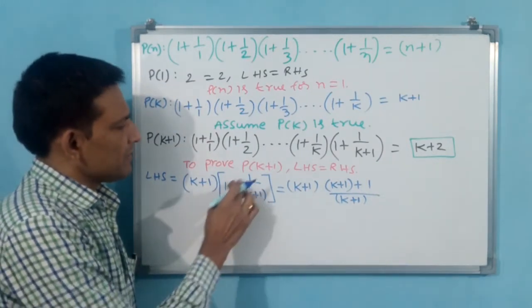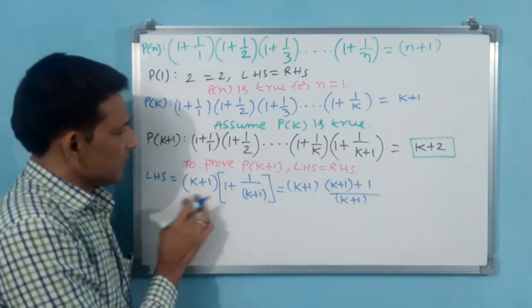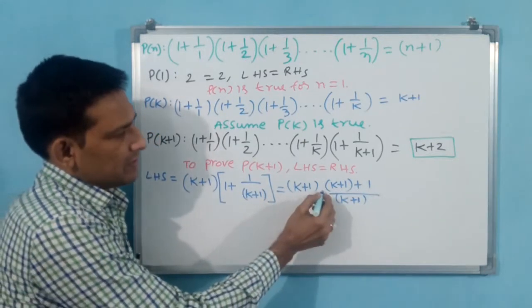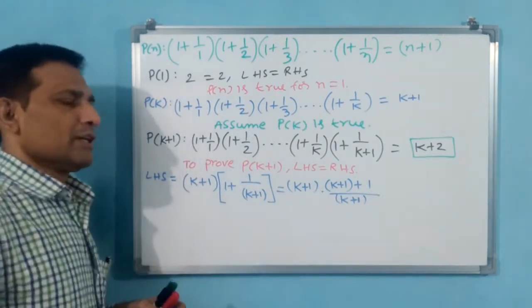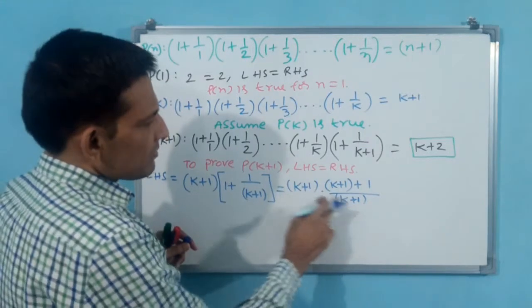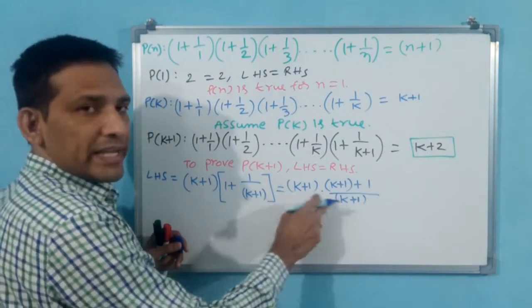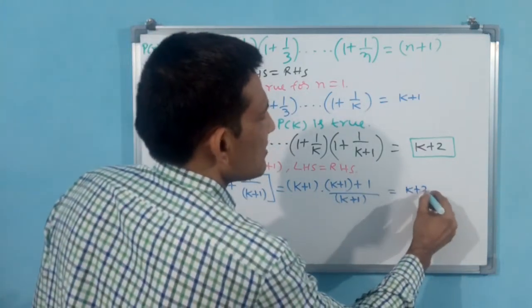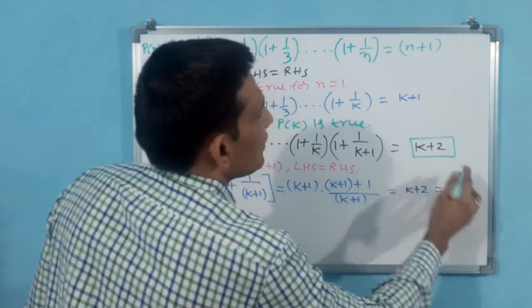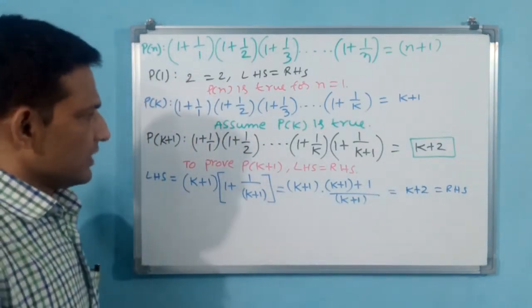K plus 1 by k plus 1 is outside multiplication, or else you put a dot. Now you see here, these two k plus 1 are going to get cancelled. Then k plus 1 plus 1 means k plus 2. You see this box 1.